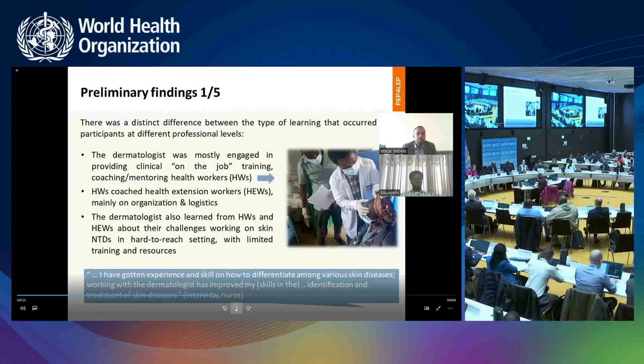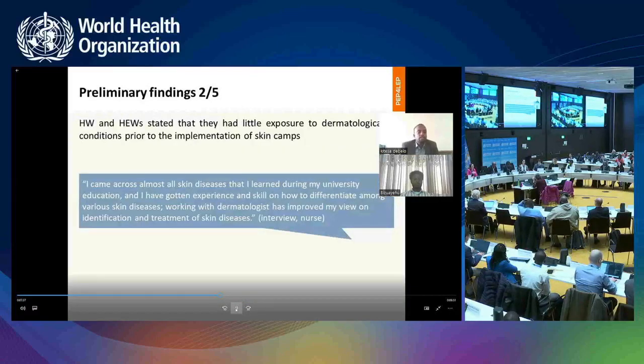I have gotten experience and skill on how to differentiate among various skin diseases, especially working with the dermatologist has improved my skill in the identification and treatment of skin disease. Health workers and health extension workers stated that they had little exposure to dermatological conditions before the implementation of skin camps.